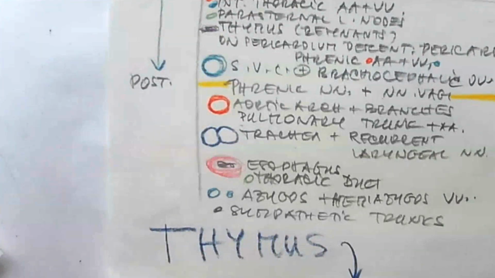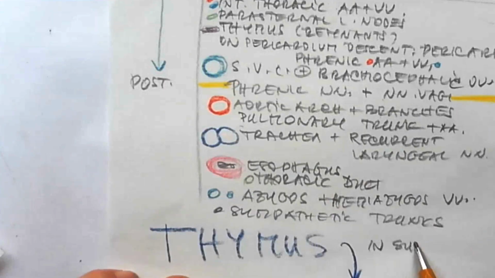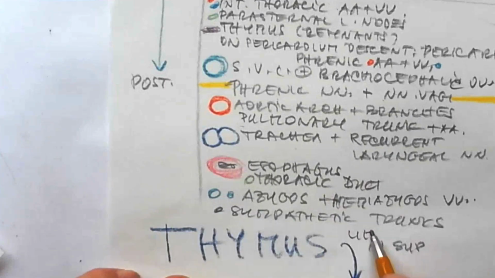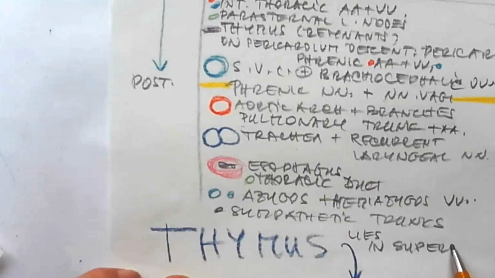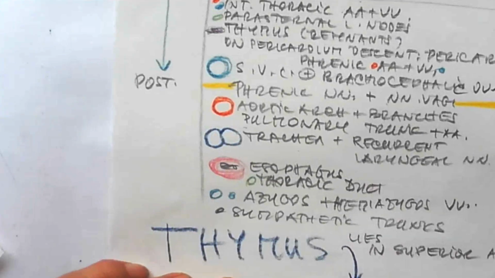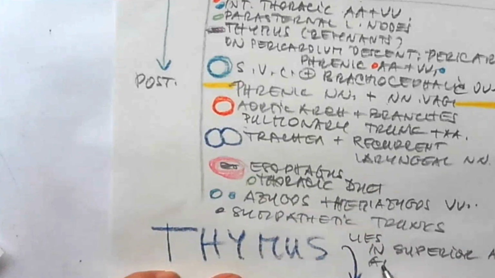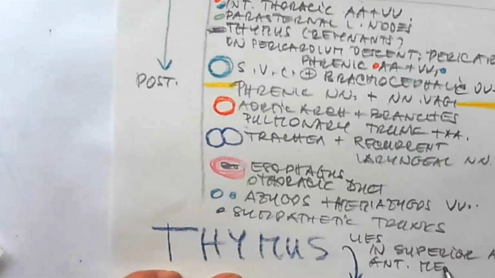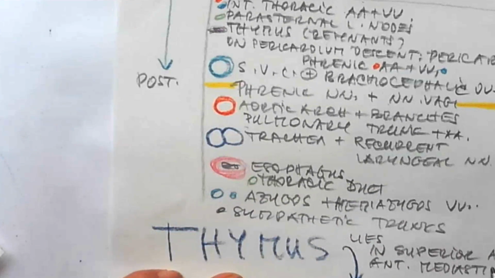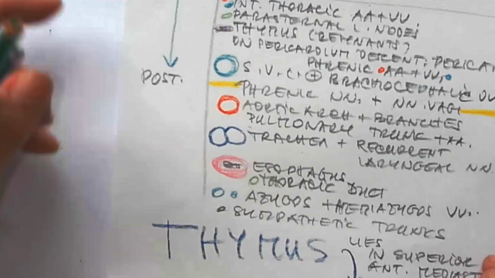And we could say that it lies on the same side in superior and also in anterior mediastinum. Fine. So we know the location, and then some words to the actions.